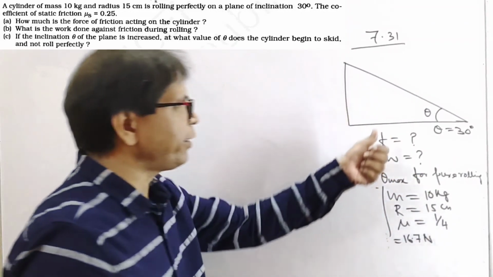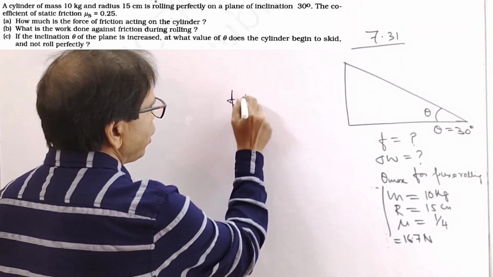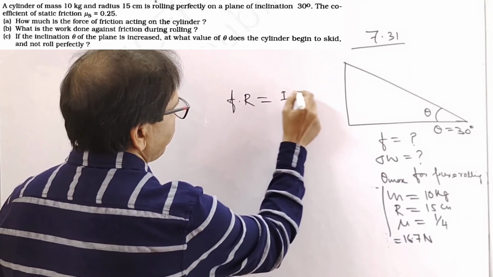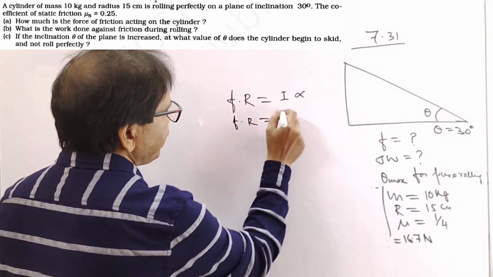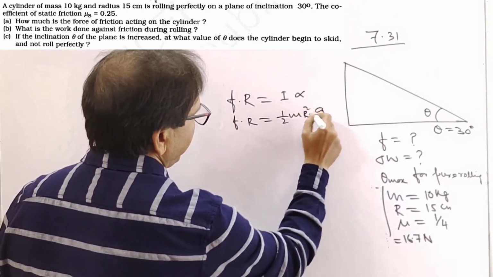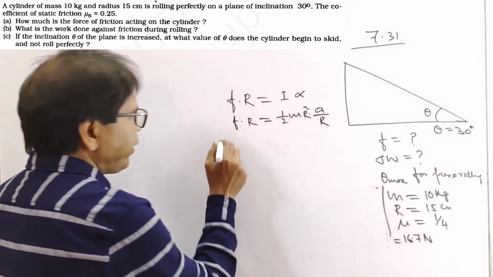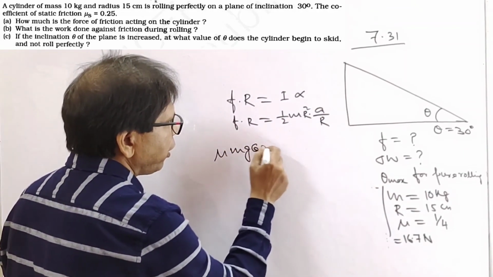Okay, now look at this, theta max for pure rolling. Look at this, for pure rolling the torque is equal to I alpha. Okay, now this is F into R, and this is half mr square, and this is a by R. Okay, look at this. F equals mu mg cos theta.